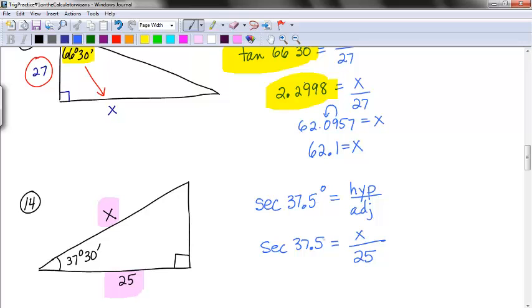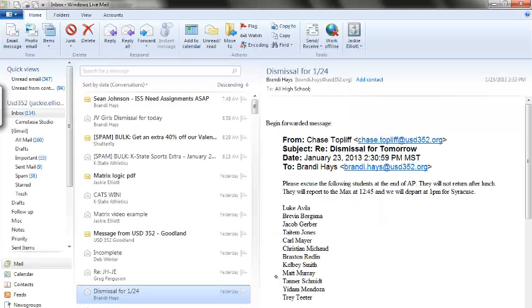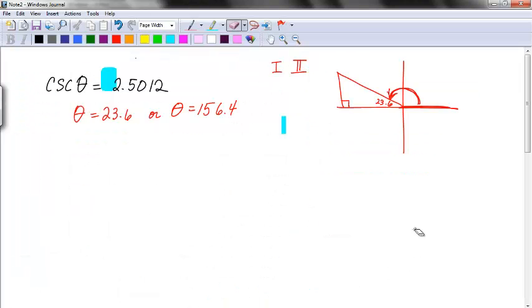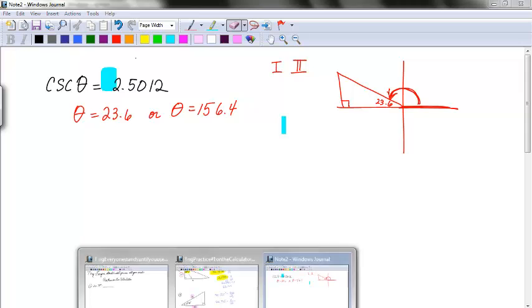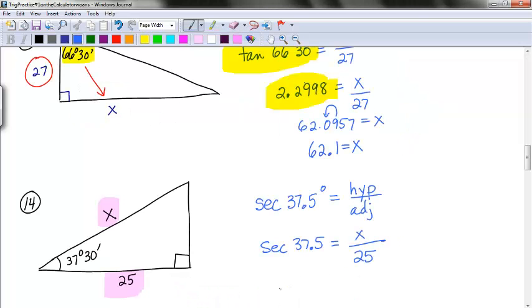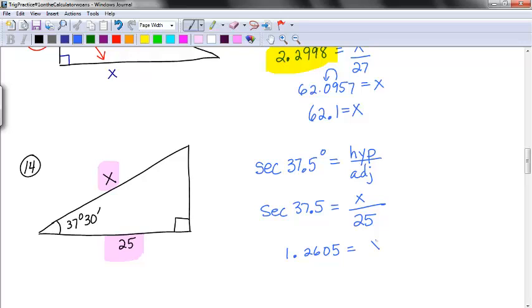Round it for the paper, don't round it on the calculator. So we end up with 1.2605. You can go to 4 places, that is okay. And then you'd have equals x divided by 25.